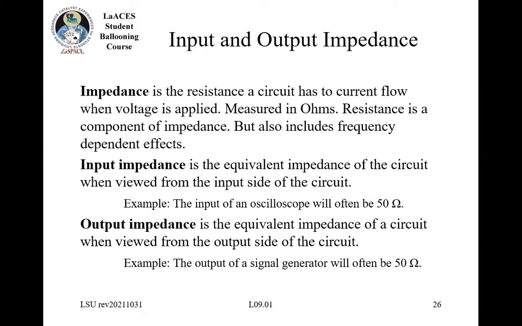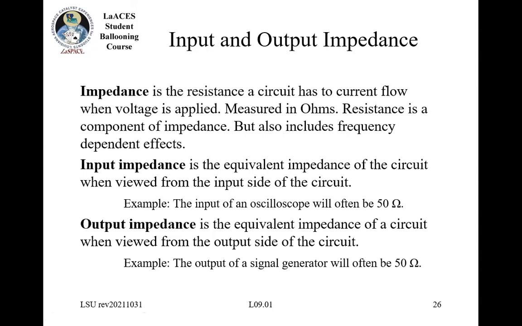In general, circuits have an impedance on their input, i.e., if I hook up on the input side, what's the impedance? And on their output. And this is not just circuits, this is going to be most of your test equipment. For example, an oscilloscope probably has a couple of settings.